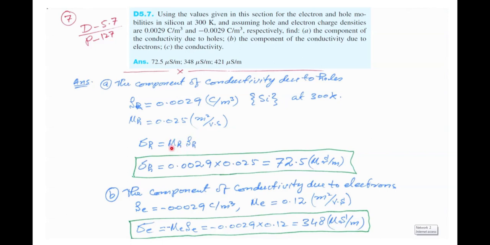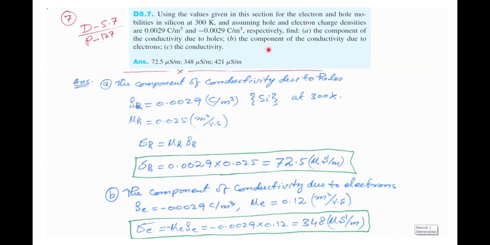Using the value of mobility of holes of silicon and concentration of holes at 300 Kelvin, we obtain that the component of conductivity due to holes becomes equal to 72.5 micro Siemens per meter.